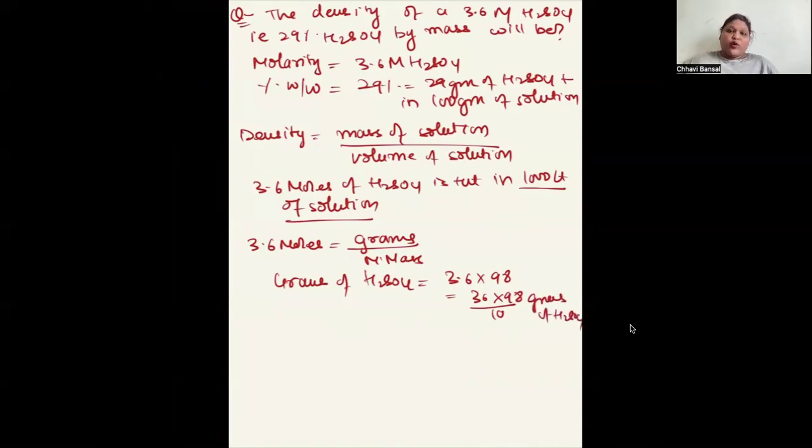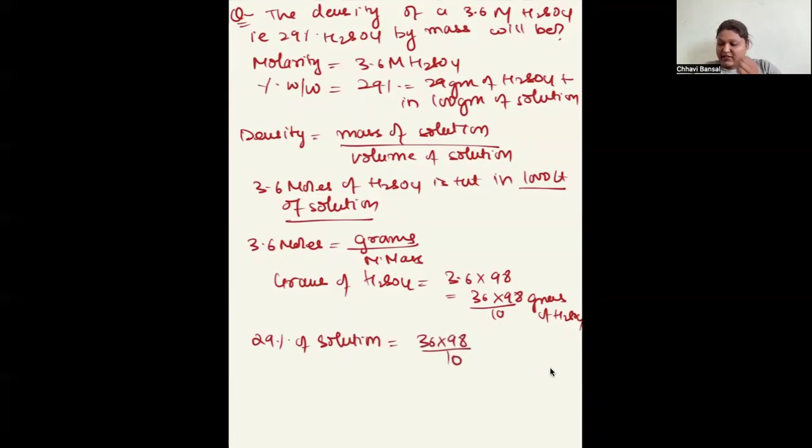Correct? Now we need the grams of solution. So these are the grams of H2SO4. Now we have a relationship which says 29%, meaning 29% of the total mass of solution should be equal to these many grams, 36 into 98 by 10.